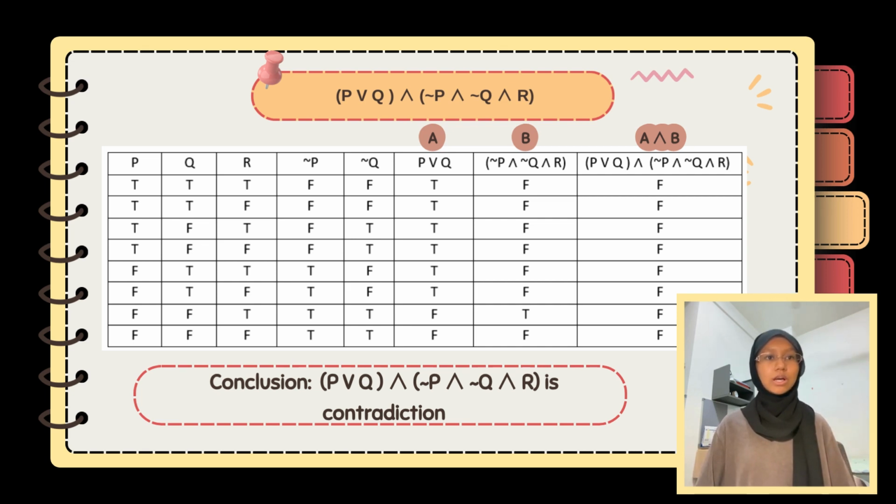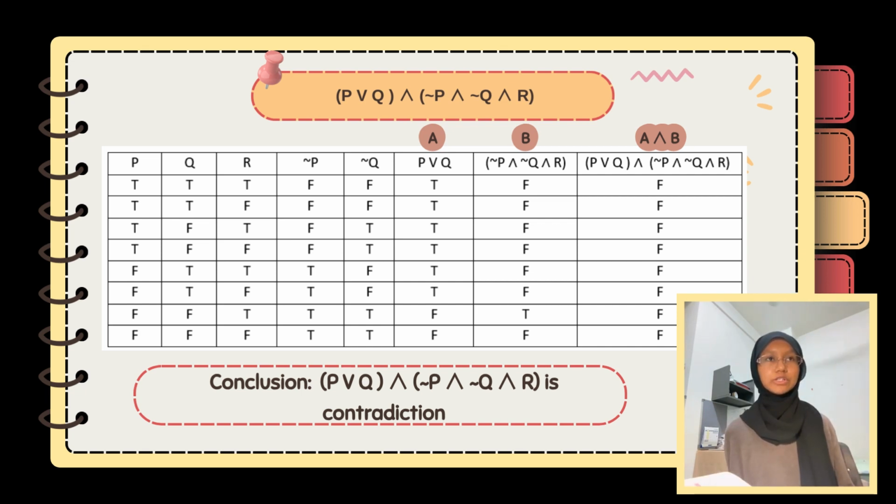This concept will be applied to the rest of the rows in column P or Q. Next is the seventh column, which is negation P and negation Q and R. This result will be true if all of these three statements are true. But if one of the statements is false, then the whole result will be false. This concept will apply to the rest of the rows in this column.